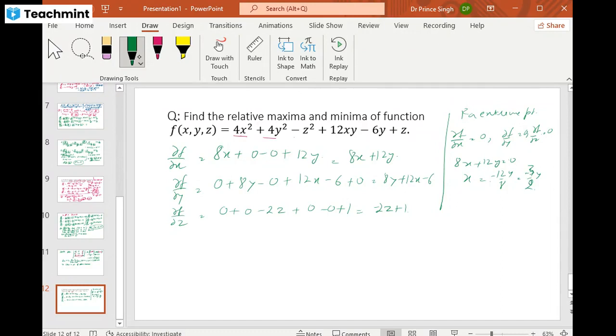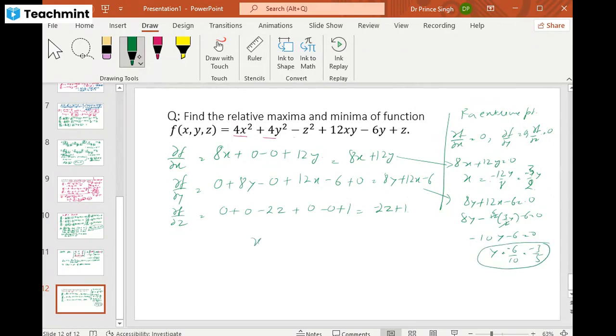And this is from the first equation. From the second equation, 8y plus 12x minus 6 equal to 0. So x is minus 3 by 2y. So 8y minus 18y, minus 10y minus 6 equal to 0. So the value of y is 6 by 10, minus 3 by 5.